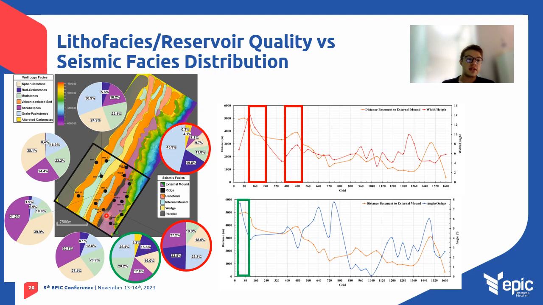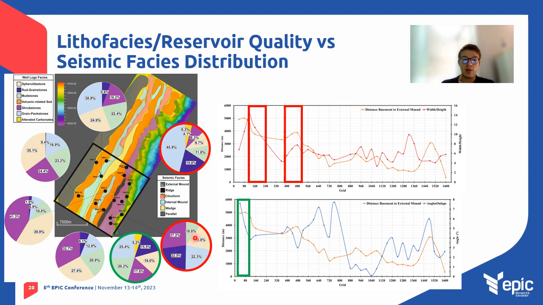Maybe the distance from the basement influences the mix of the sediments, since the distance is larger than in other parts of the field to the north. And obviously the preservation or the good quality of the reservoir in this part.